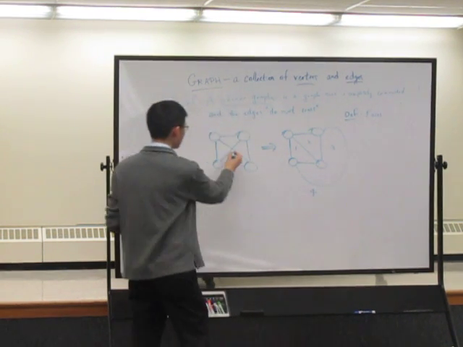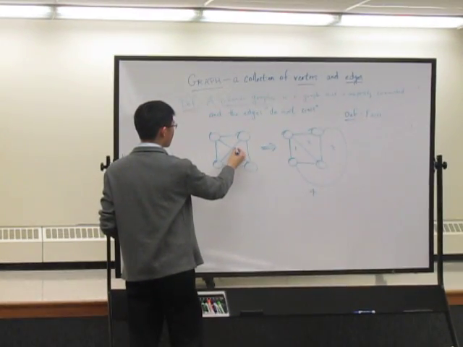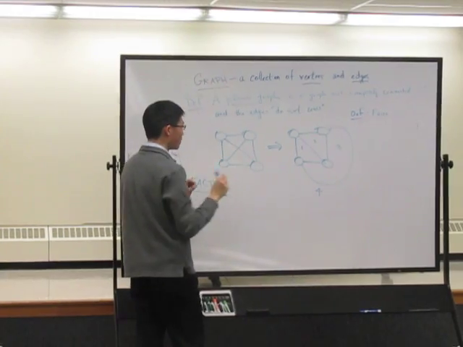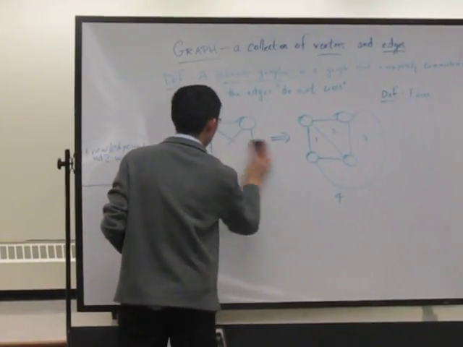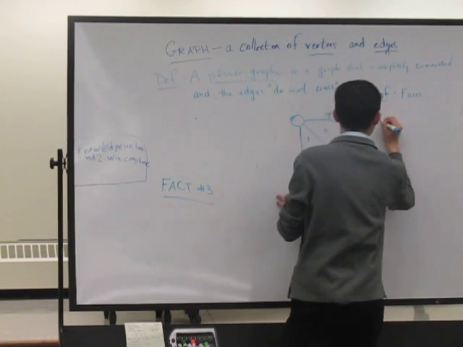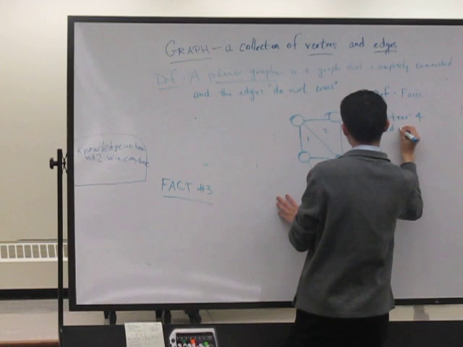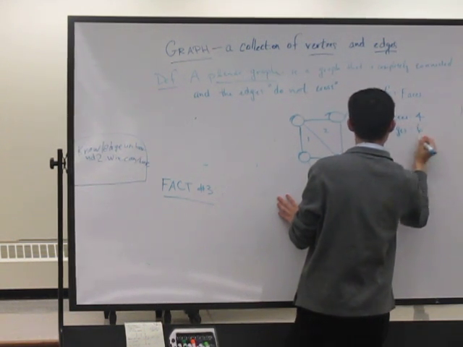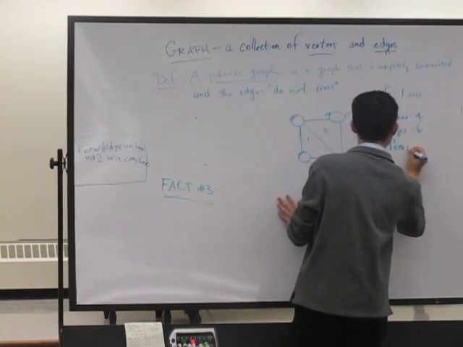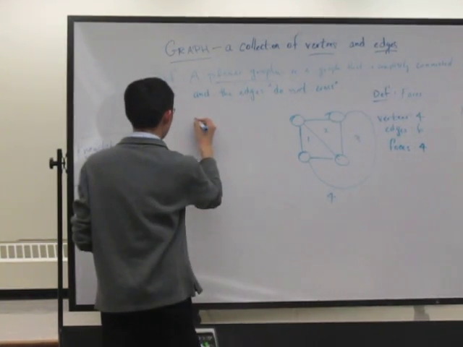In non-planar graphs, you can't do this because the faces have to be bounded by the vertices. So in this example, vertices, we have 4 of them. Edges, we have 6 of them, and faces, we have 4 of them. Correct? Yes. All right. Let's do one more.